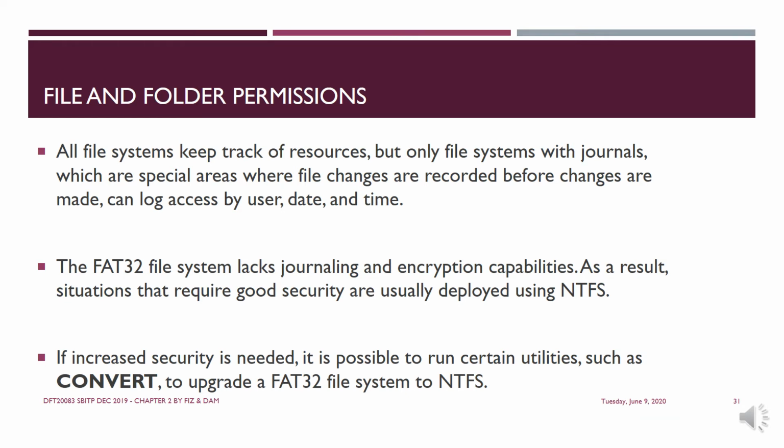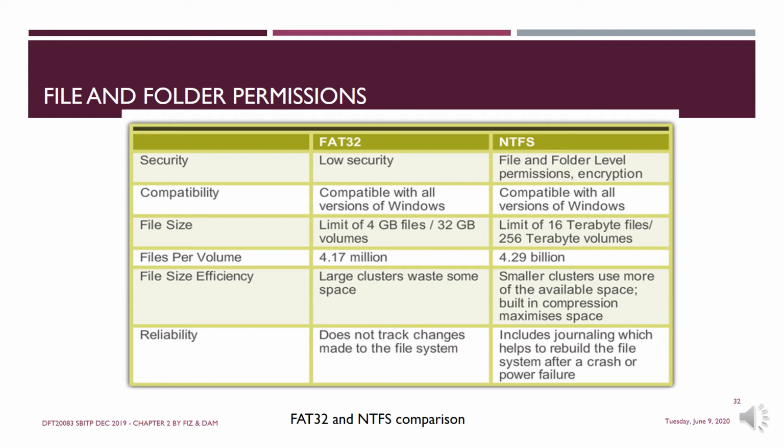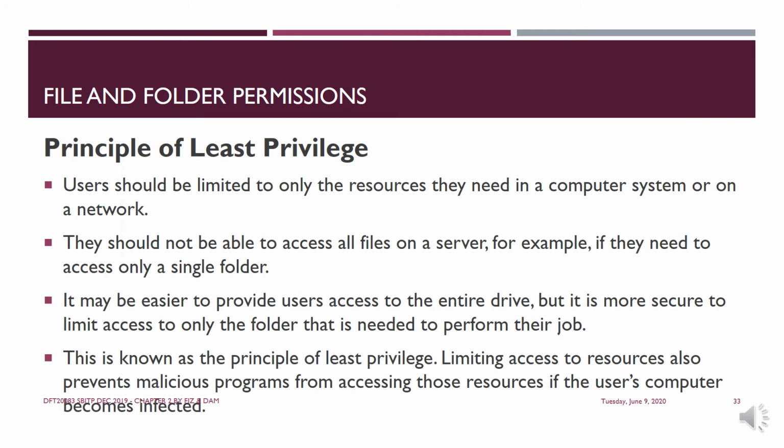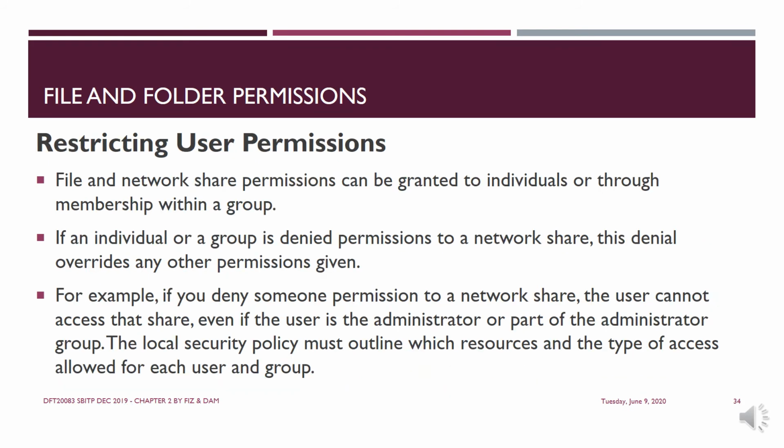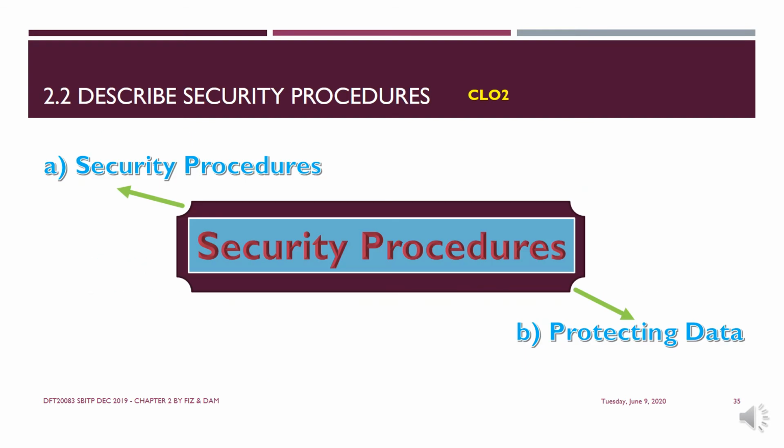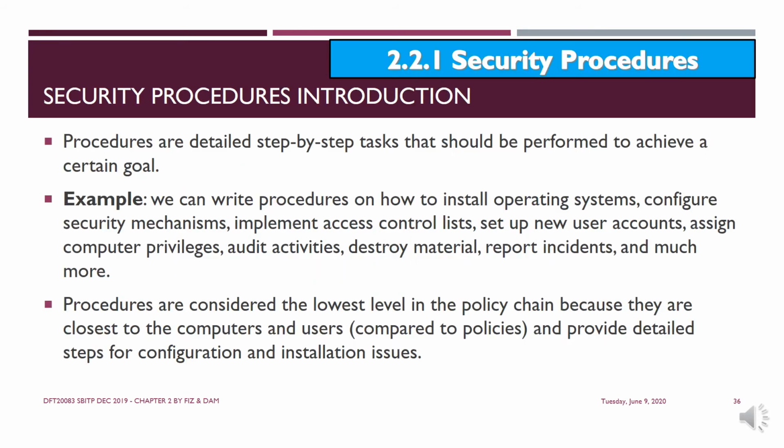and this has to convert from FAT32 to NTFS. Alright, this is the example of how FAT32 and NTFS comparison happen. The principles of least privilege, the restriction of user permissions, and these are the part of security policy that includes procedures and data.